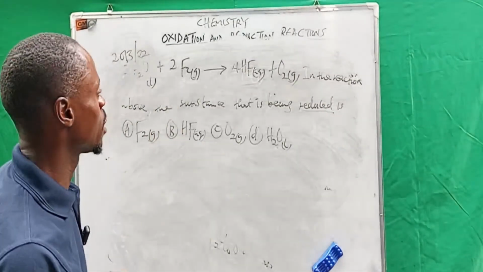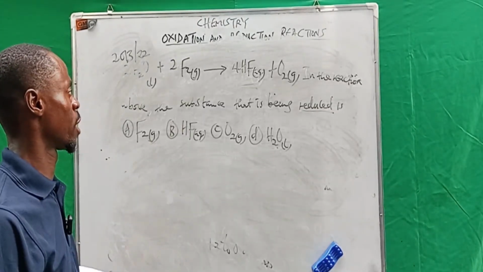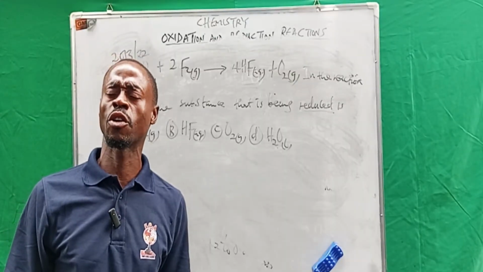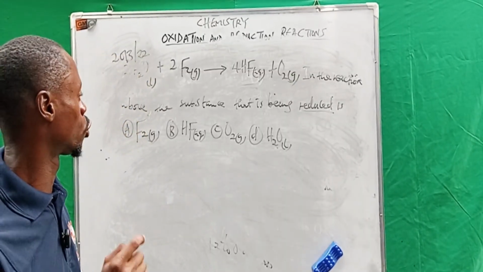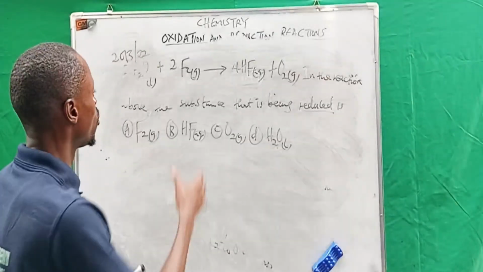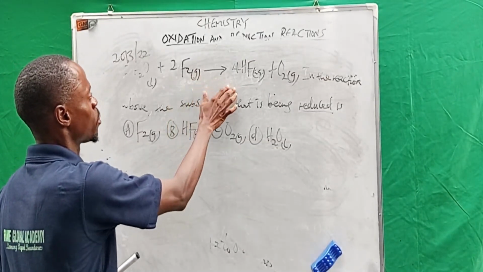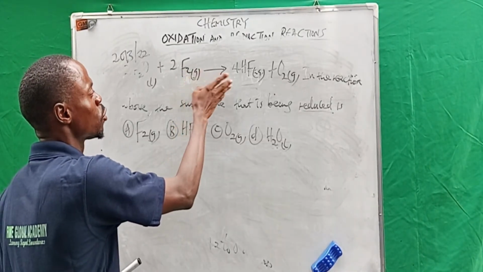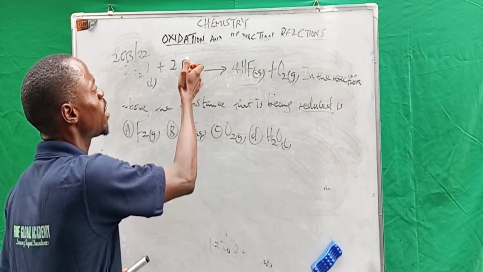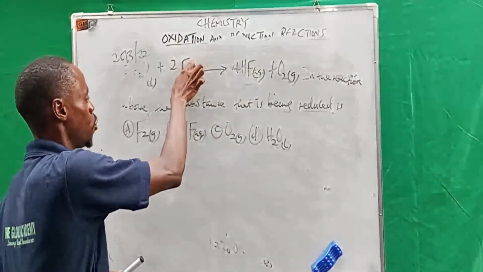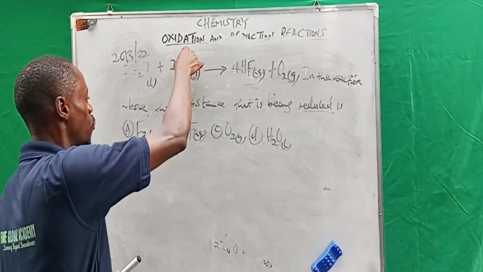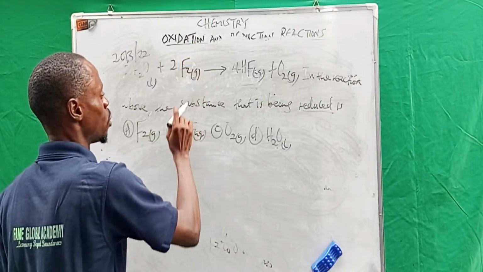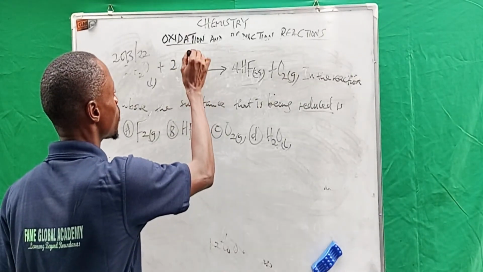When we're differentiating between reduction and oxidation reaction, we said reduction with respect to hydrogen is the addition of hydrogen to a species or to a compound. If you look at this reaction critically, you see fluorine gas at the reactant side, moving to the product side, you will agree with me that hydrogen was added to fluorine. And since hydrogen was added to fluorine, it simply means that fluorine is the species that is reduced.